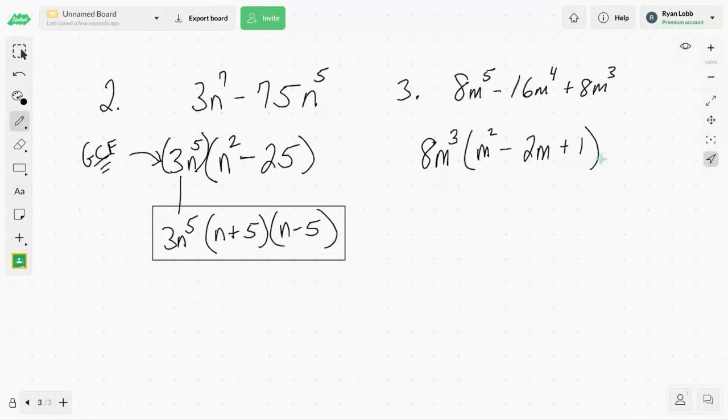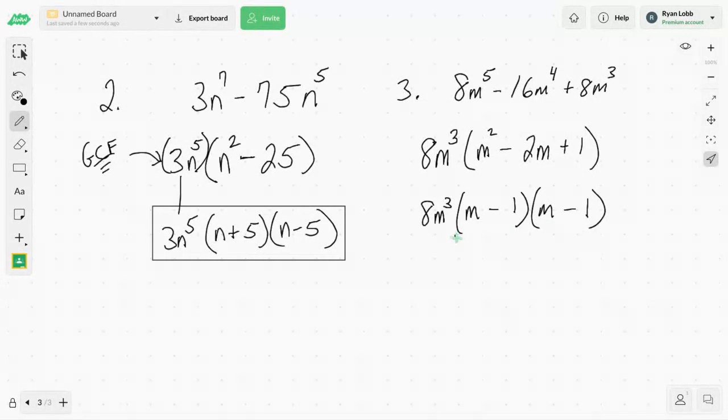But what about this quadratic? We're going to say factors of 1 that add to 2. It's going to work. 8m cubed, and what do we have? m and 1 works. Signs are the same, minus and minus. And we are done. It doesn't factor anymore, doesn't factor anymore, doesn't factor anymore.